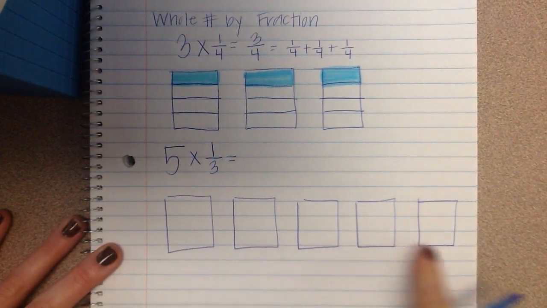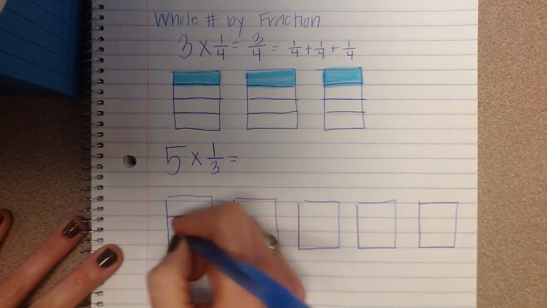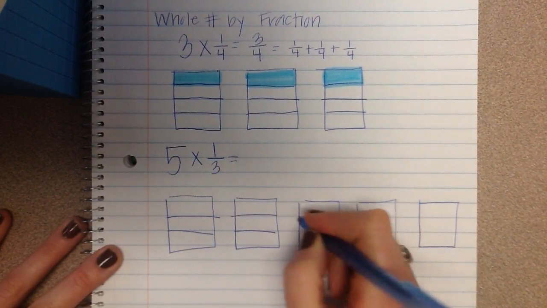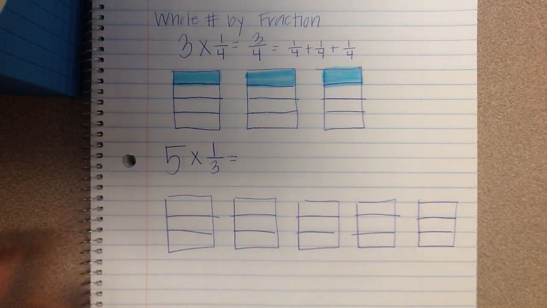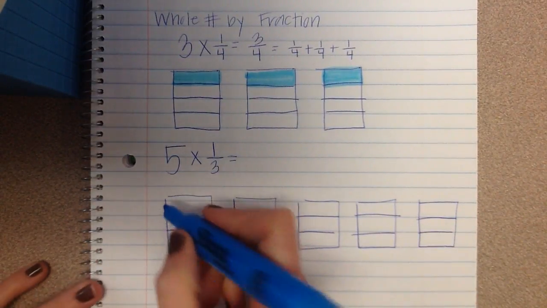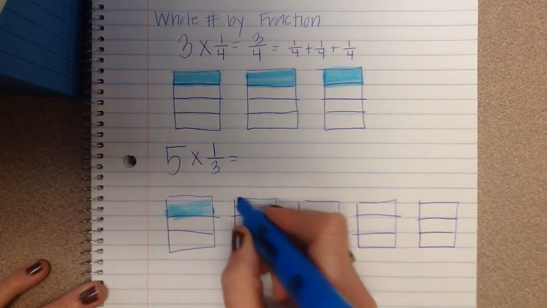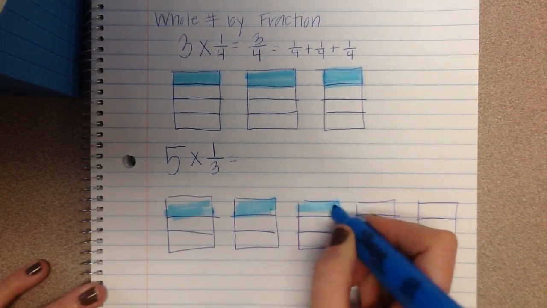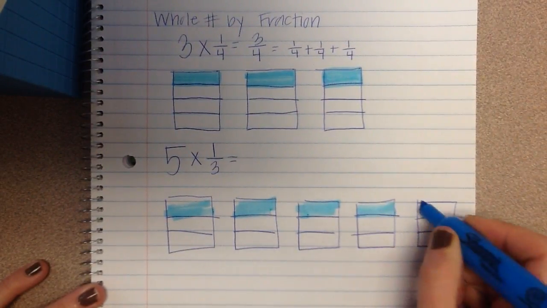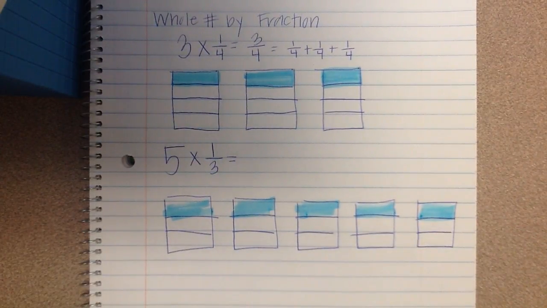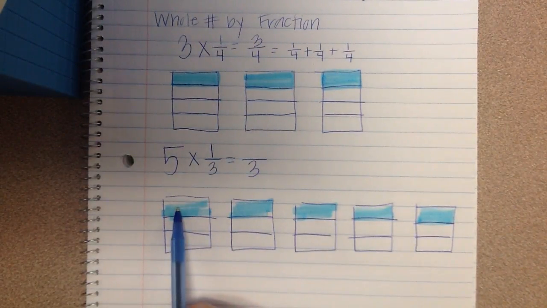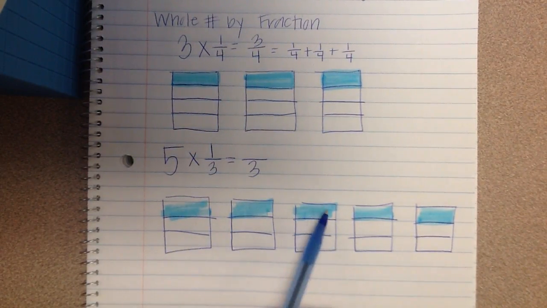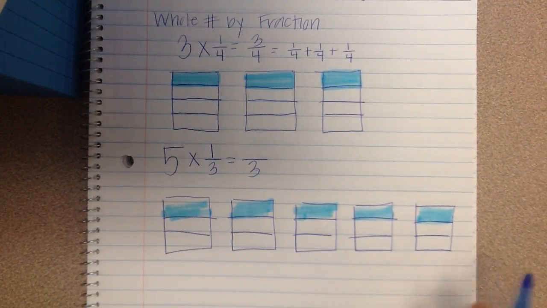So I've drawn 5 out. I'm going to break them into thirds. And I only want 1/3 of each. Okay, so my wholes are broken into thirds, and I have 1/3, 2/3, 3/3, 4/3, 5/3.